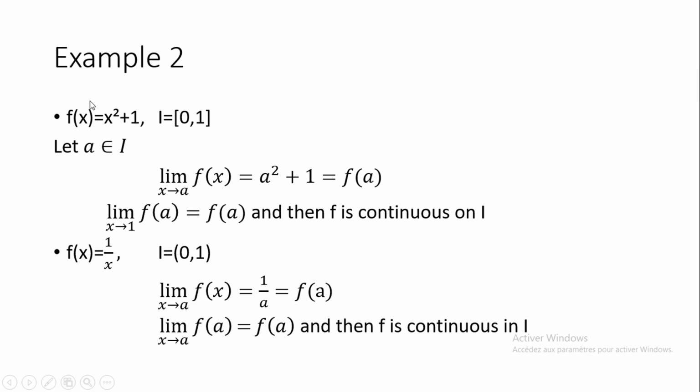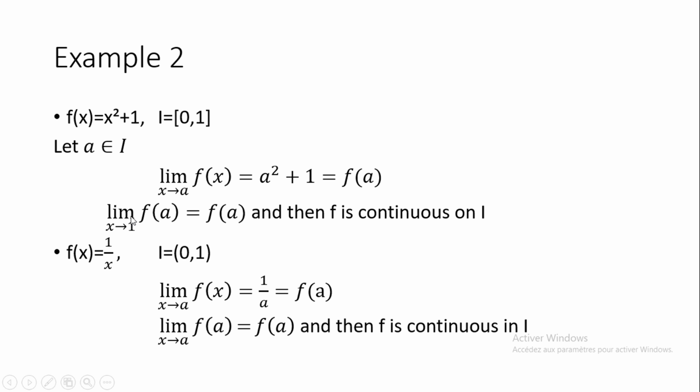So example 2, f of x equals x squared plus 1 in the interval [0, 1]. Let a be in I. The limit when x gets closer to a of f of x is equal to a squared plus 1, which is equal to f of a. So this is very simple.